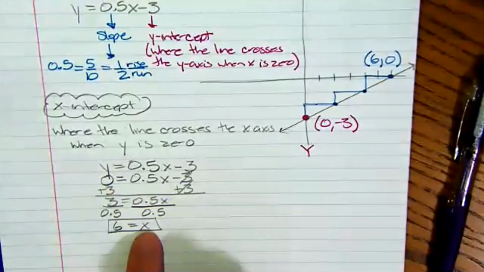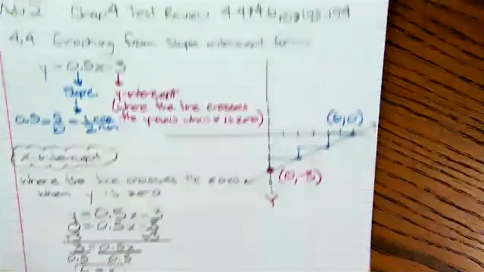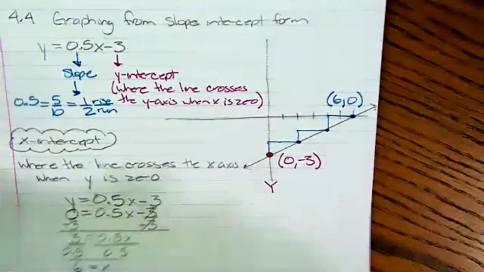Now, sometimes they give us the equation. Sometimes, let's go ahead and turn the page. They give us an equation that looks like this: 8x plus 4y equals 16.